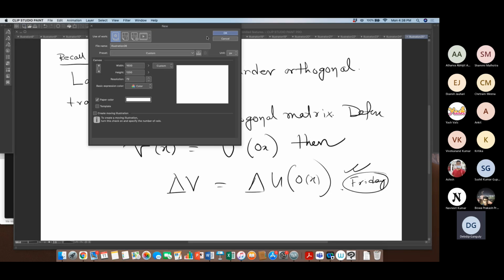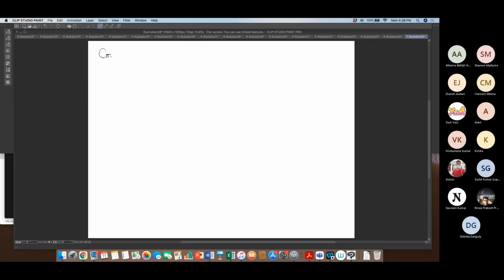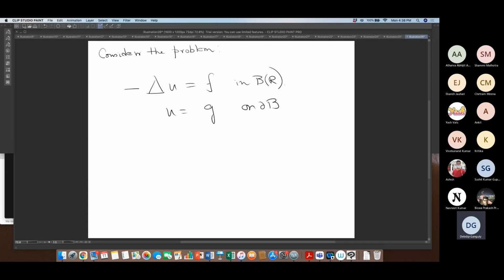Now consider this problem. Minus Laplacian of U equal to F in B_R, U equal to G on the boundary of B_R. The domain has a symmetry.